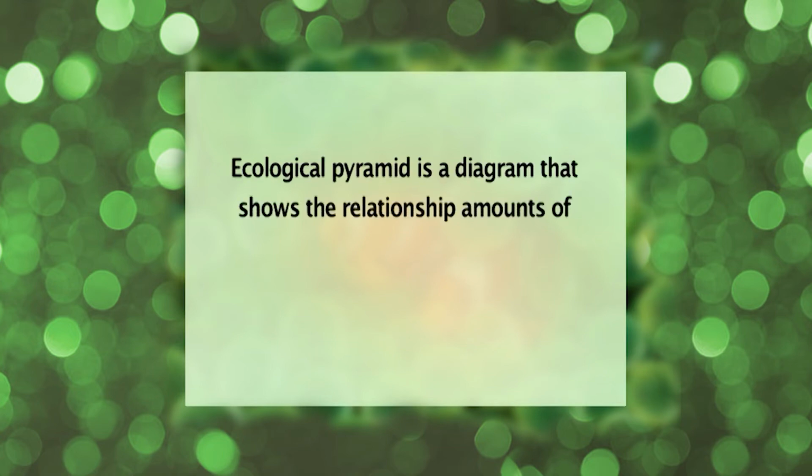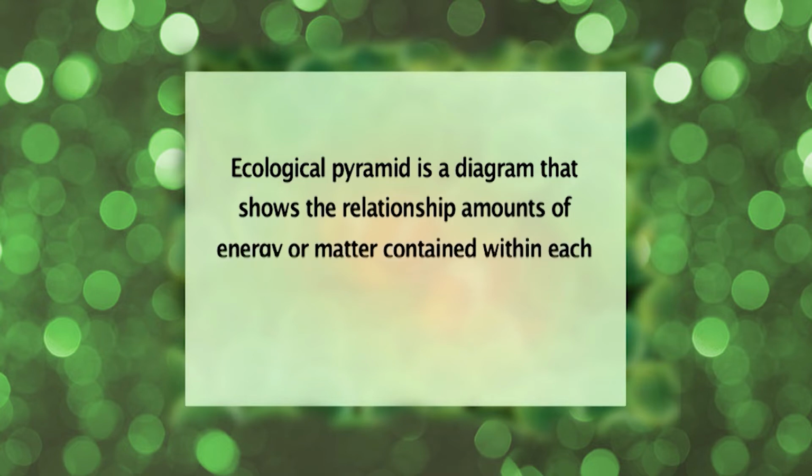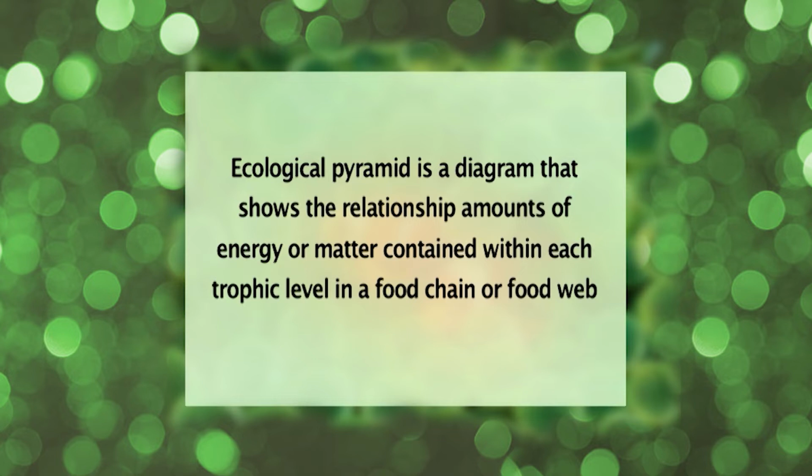They do not give any information about the numbers of organisms involved, which can be shown through ecological pyramids. Thus, an ecological pyramid is a diagram that shows the relative amounts of energy or matter contained within each trophic level in a food chain or a food web.